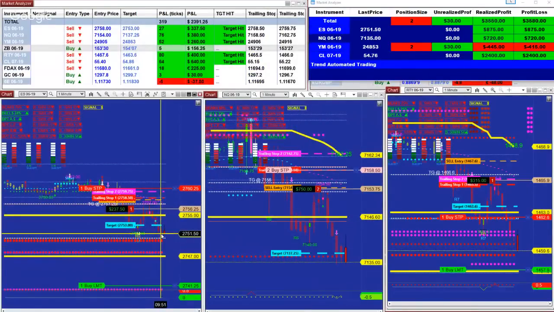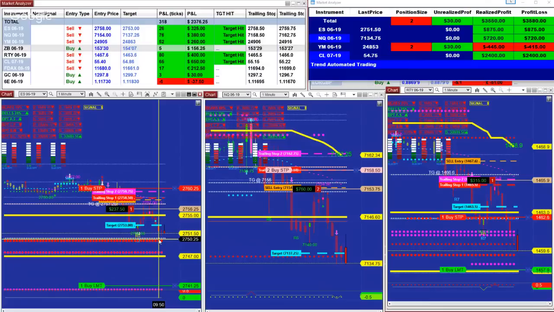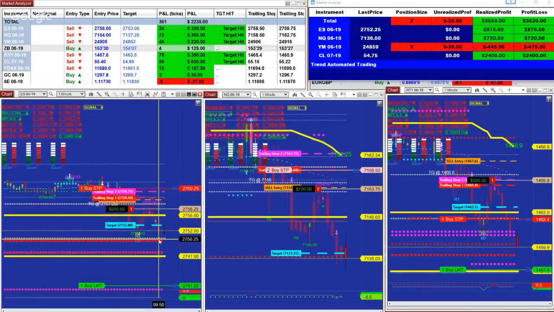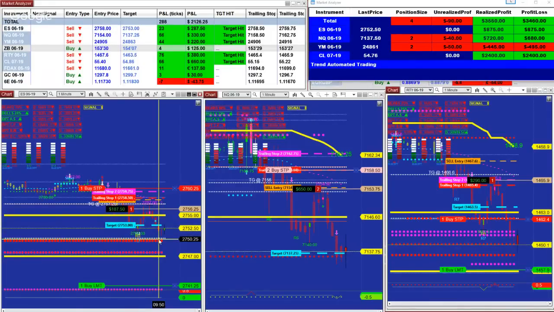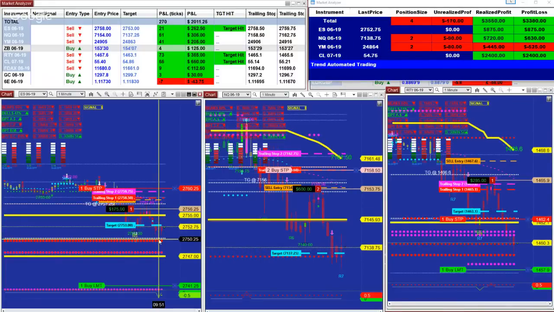as we see here, the ES is having a problem on the double support line, and this is going to be a little problem for the ES. If the ES is not going to go farther than the 2750-25, that means maybe it is time to cash in on the Russell and the YM, and cash in as well on the Nasdaq, because it is very, very key right now.